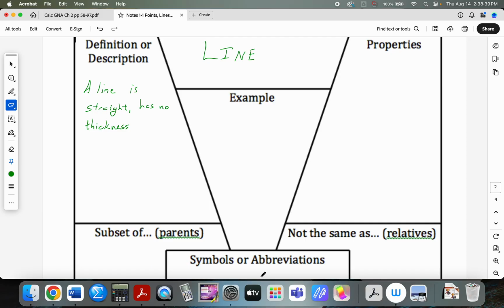You're not using one of those great big Mark-A-Lots where it's this huge fat thing. You typically use a pen or a pencil. But no matter how thin you draw it, a line is thinner than that. Okay? It has no thickness and extends infinitely in opposite directions.